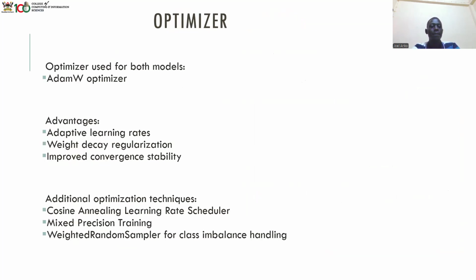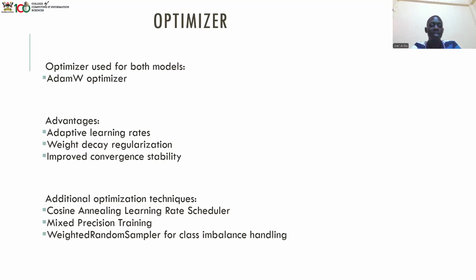So that's basically how all these models work. Then for the optimizer, in this case I used what we call the AdamW optimizer, which is an adaptive learning rate optimizer. Remember we were struggling because our dataset had class imbalances, so we had to look for optimizers that help us minimize the loss function and determine how much the model parameters should change after each batch.